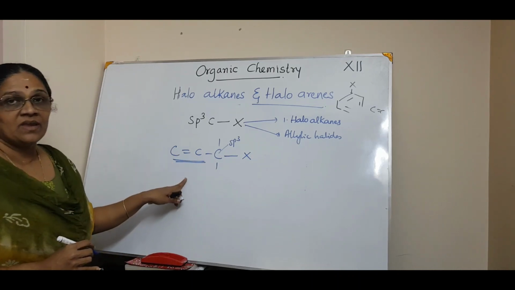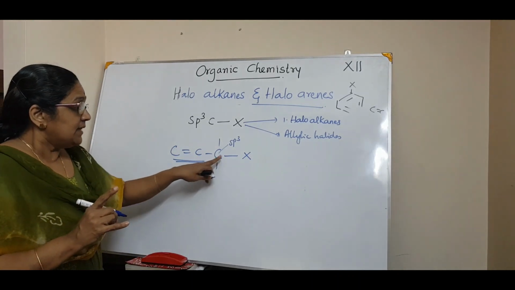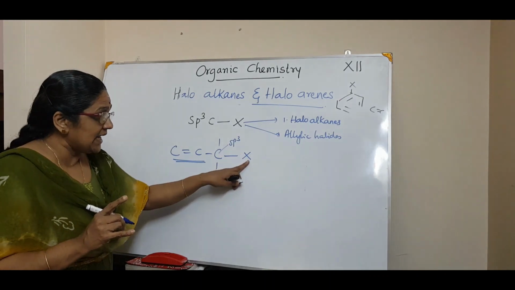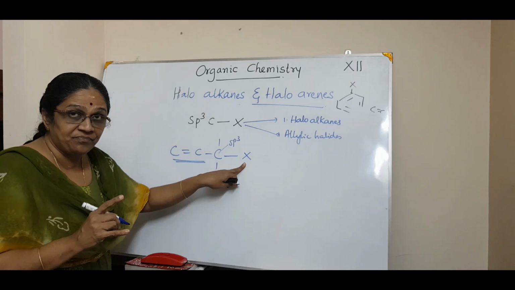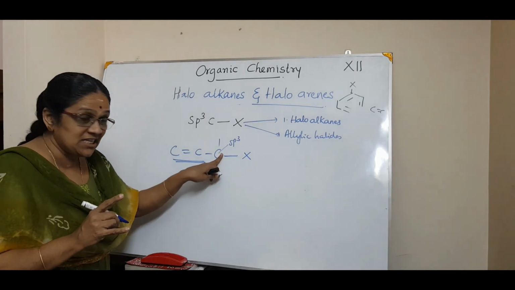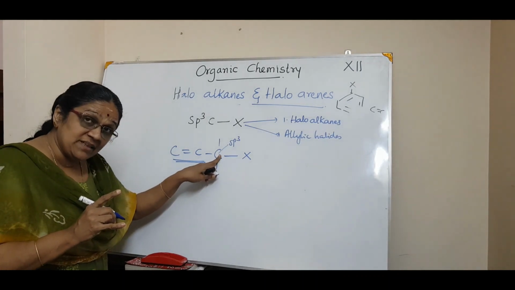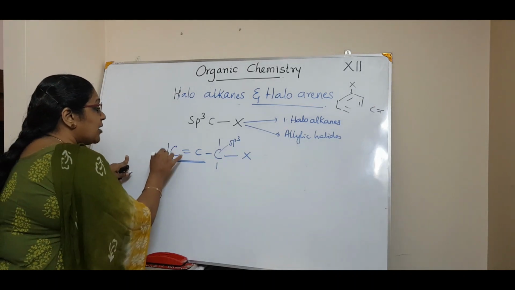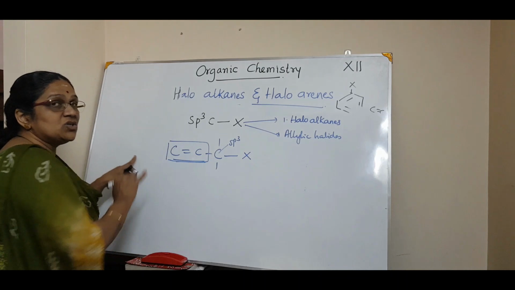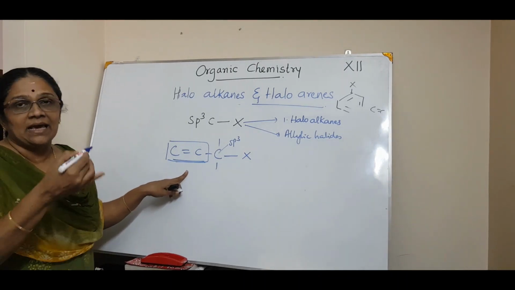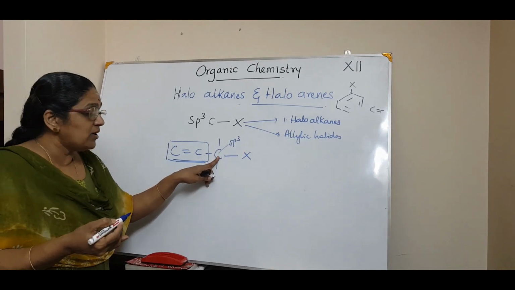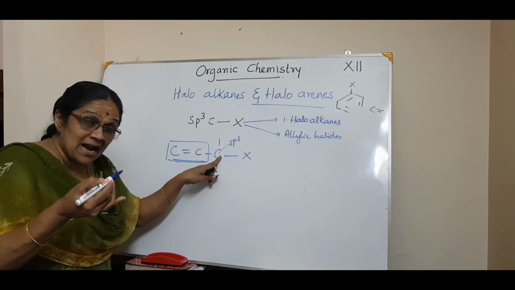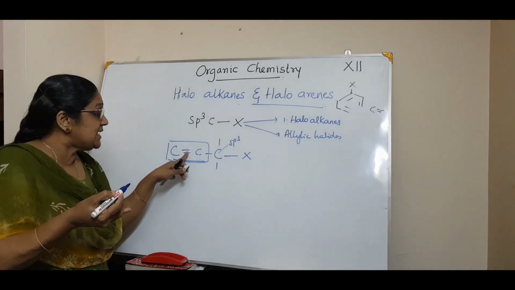Very carefully listen. This sp3 carbon is directly attached to a halogen atom, that is why it is sp3, isn't it? But that sp3 carbon is attached directly to a carbon-carbon double bond. So that is called allylic halides. Allylic means not the carbon atom which is attached, but the carbon atom adjacent to it contains a double bond.